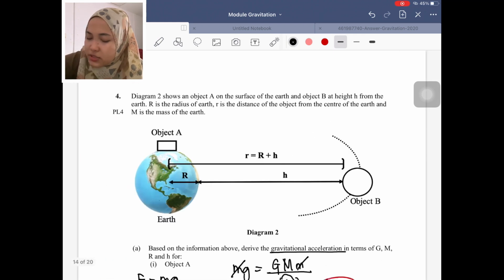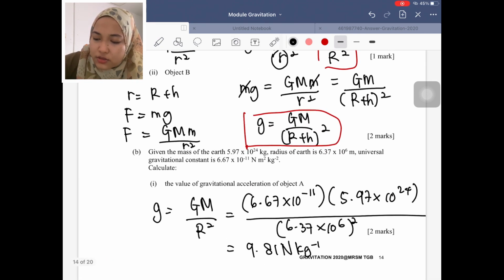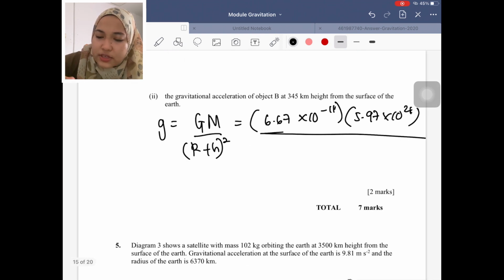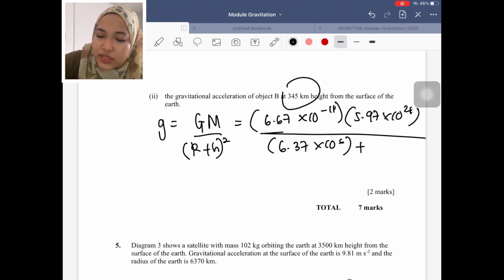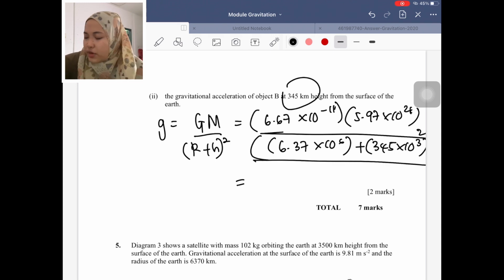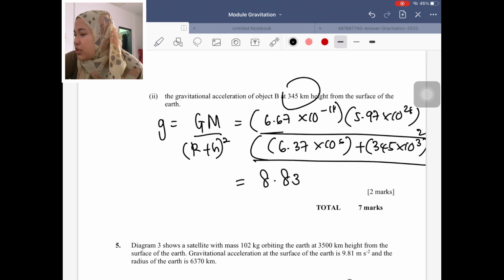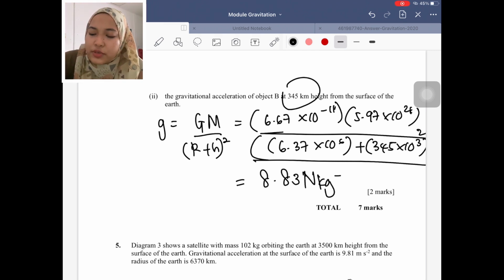So radius of the earth, semua nilai dibagi 6.37 times 10 power of 6 plus H. H ni dah bagi kat sini, so kena tukar kilometer kepada meter. So 345 times 10 power of 3. So yang ni kita square kan, jangan lupa semua ni squarekan. Okay, so the value we get is 8.83 Newton per kg.